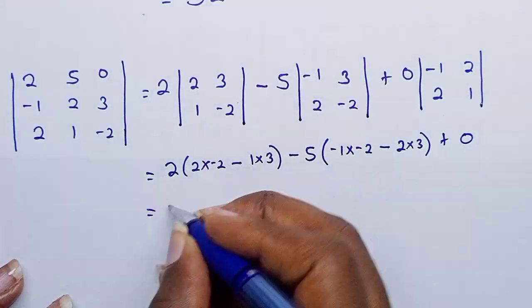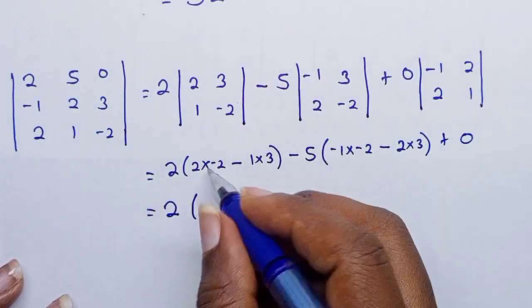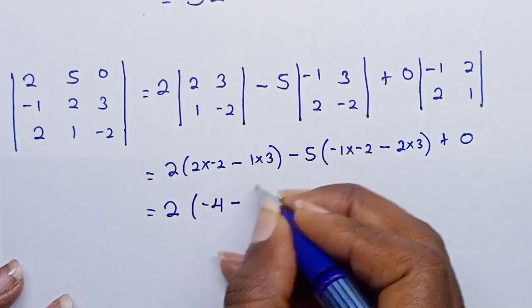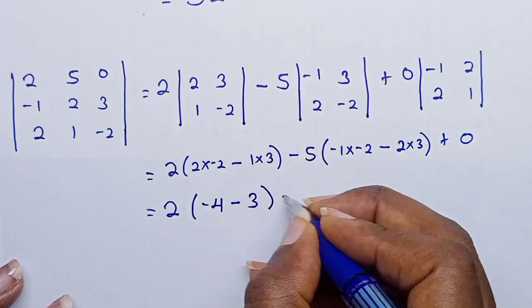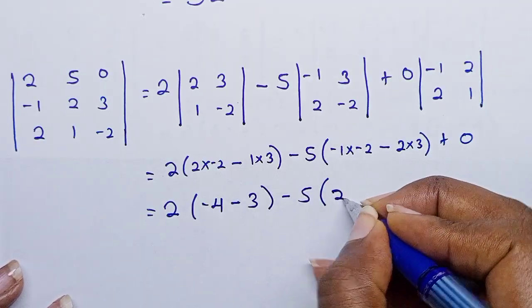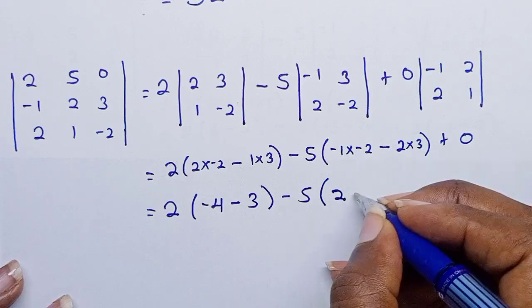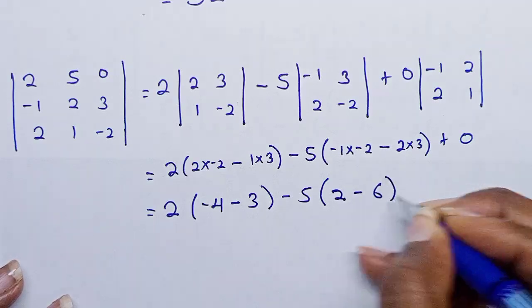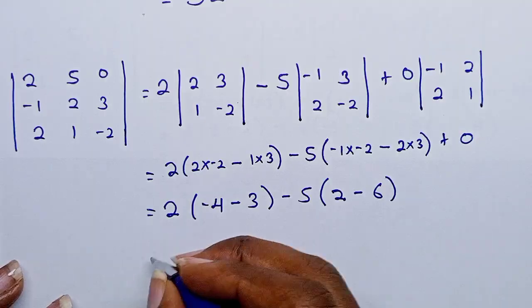Okay, so this is equal to 2 into (negative 4 minus 3) minus 5 into (positive 2 minus 6), then plus 0.